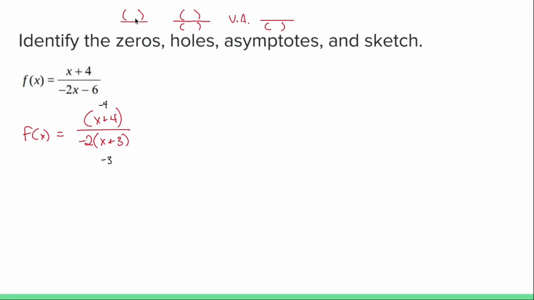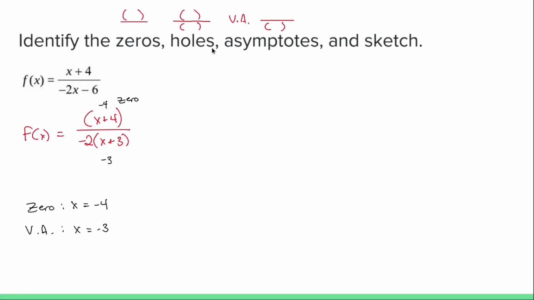Negative 4 is a unique factor in the numerator, which makes it a zero. So I have a zero at x equals negative 4. Now negative 3 is all alone in the denominator, which means I have a vertical asymptote at x equals negative 3. What I don't have is a hole to deal with.